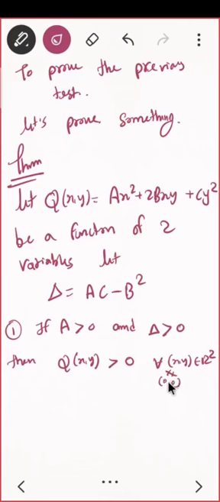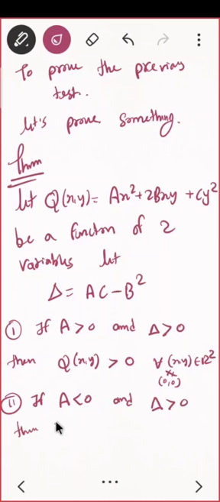Second case is if your A is negative and your delta is positive again, then you will say that q of xy is less than 0.